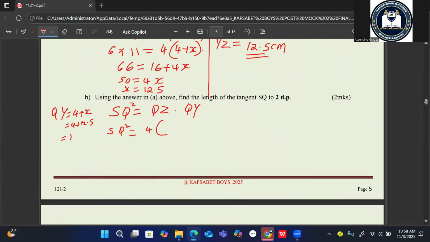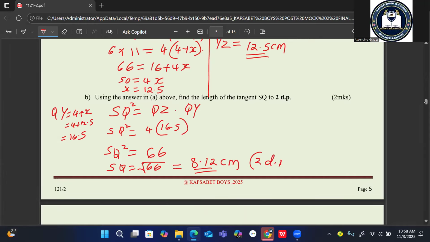So it's equal to 16.5. So it's 4 times 16.5. So our SQ squared becomes 66. So our SQ should be equal to the square root of 66, which gives us 8.12 centimeters, correct to 2 decimal places.